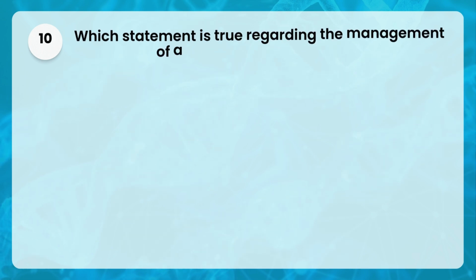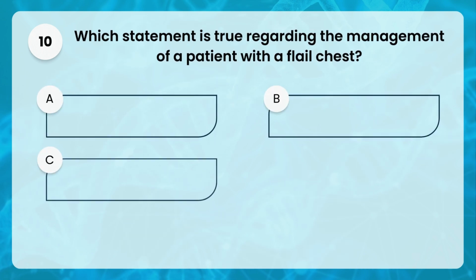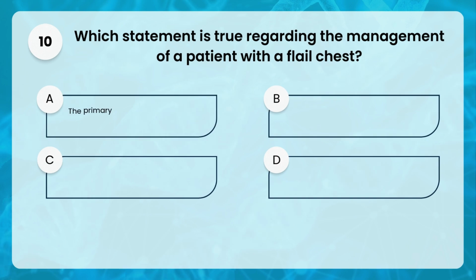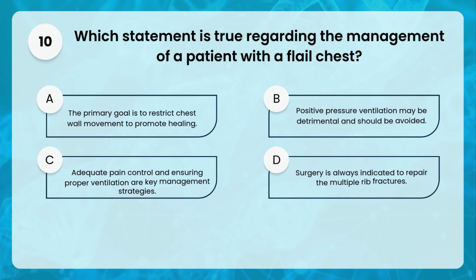Number 10. Which statement is true regarding the management of a patient with a flail chest? A. The primary goal is to restrict chest wall movement to promote healing. B. Positive pressure ventilation may be detrimental and should be avoided. C. Adequate pain control and ensuring proper ventilation are key management strategies. Or D. Surgery is always indicated to repair the multiple rib fractures.